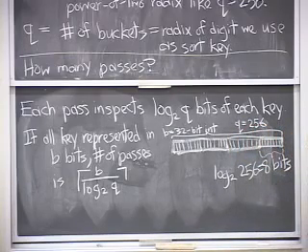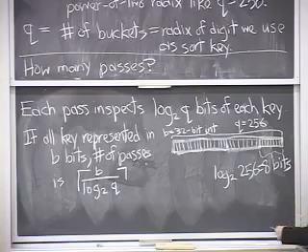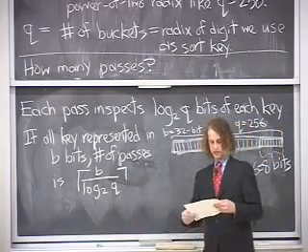If you are able to sort on 8 bits at a time and your keys are only 4 bits, well, you can't do half a pass. You still have to do one whole pass. So that's why we have the ceiling there.